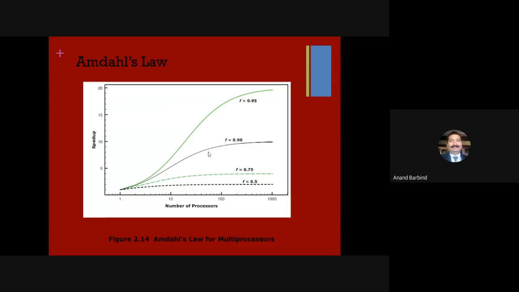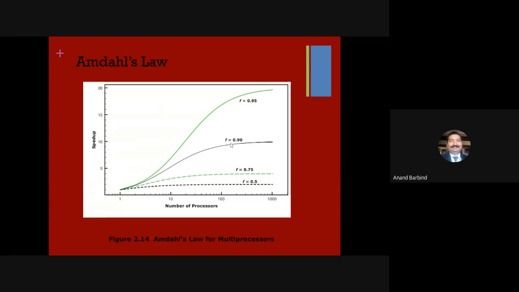What are the other curves? The other curves specify f. For example, here f is 0.95. What is 0.95? f is the factor or ratio which indicates how much part of your program can be executed in parallel. So 0.95 indicates that 95% of your program can be executed in parallel, and only 5% of the program is required to be executed serially.